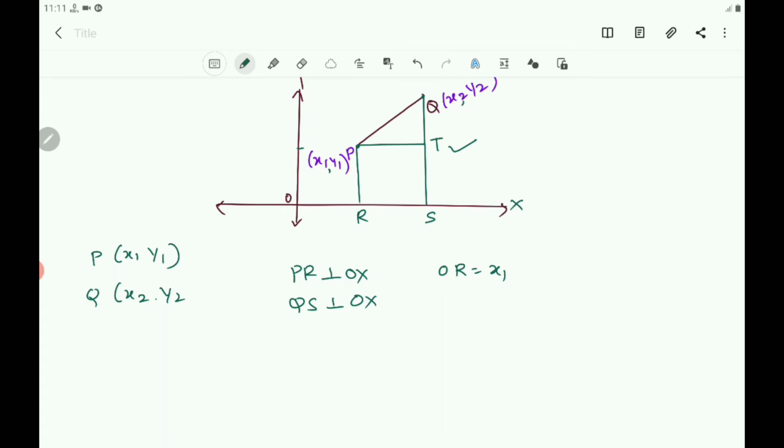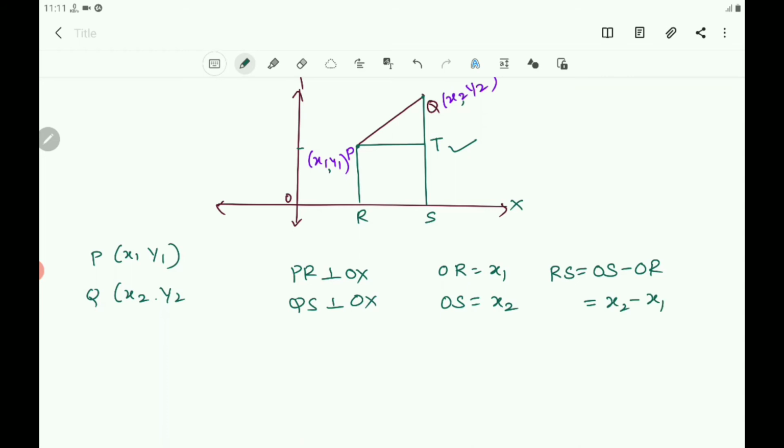So you write OS, from here to here, is equal to x2. Then what is RS? What is the distance RS here? Therefore you can write RS is equal to OS minus OR. OS is x2 and OR is x1.